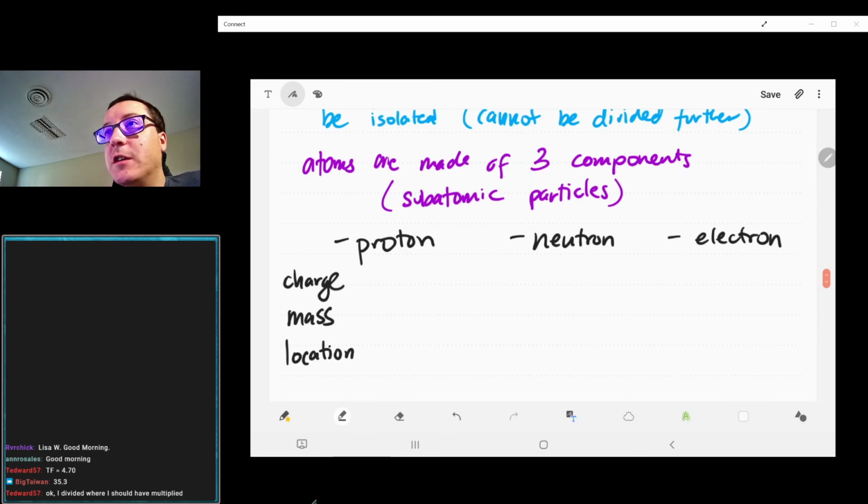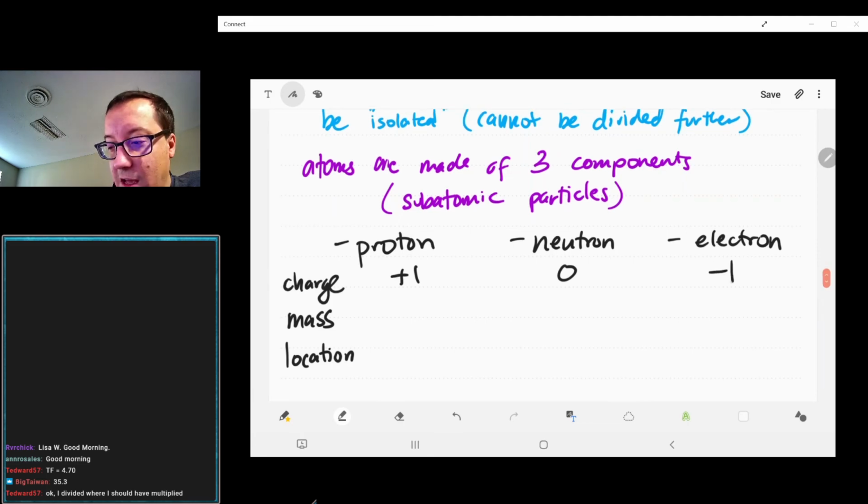So charge of these particles, we're going to say that the proton is defined as the one being positively charged, a +1 charge. A neutron will have no charge, and an electron will have a charge of -1. So protons are positives, electrons are negatives, and neutrons are neither. They are neutral, hence neutron.